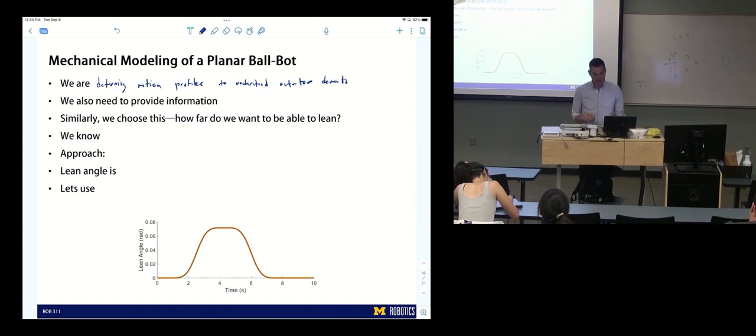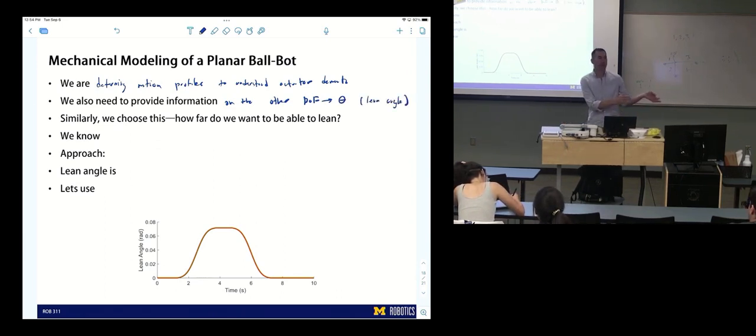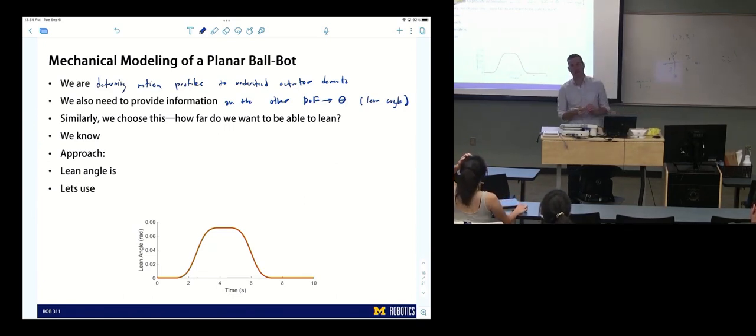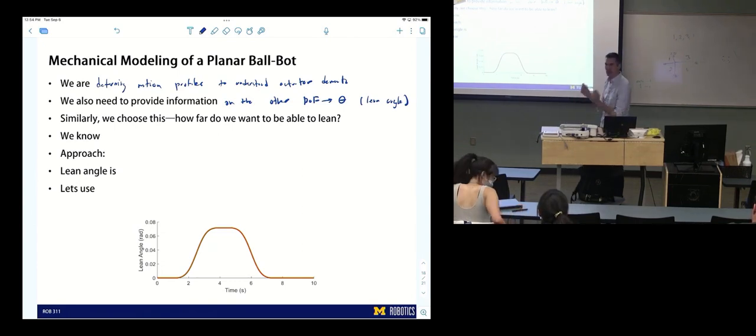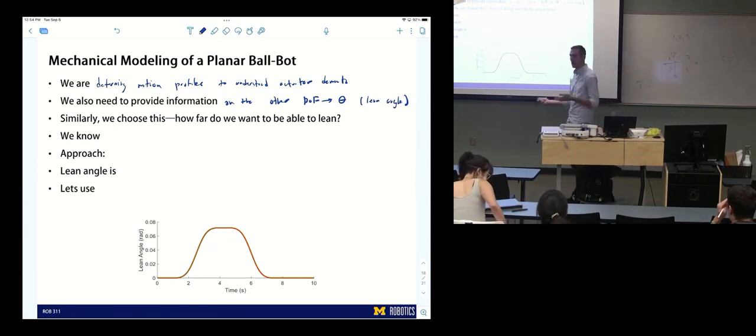We also need to provide information on the other degree of freedom, theta, which is lean angle. We gave it a trajectory to follow, to roll forwards. We haven't talked about whether it would lean. Do you think it will lean, or is there some relationship between the way it moves and how it leans?